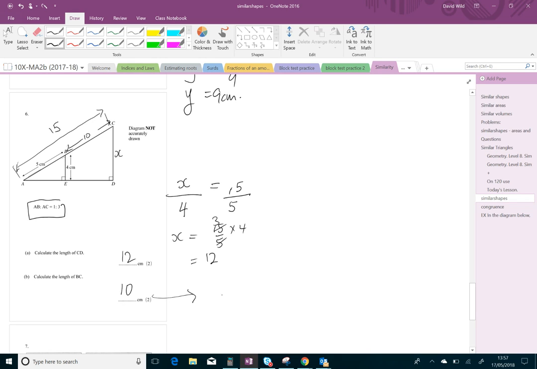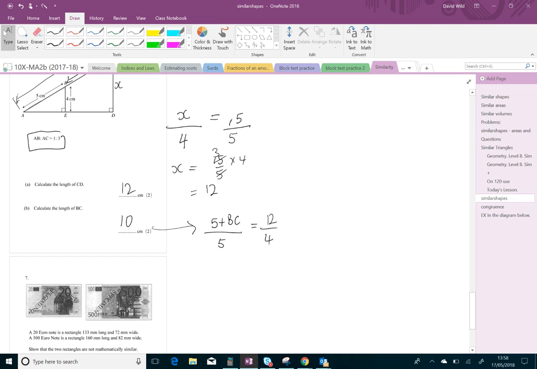If you wanted to show that mathematically, we would say let's say we wanted to do big, which is 5 plus BC, over small, which is 5, equals big. So that's our x, 12 divided by 4.